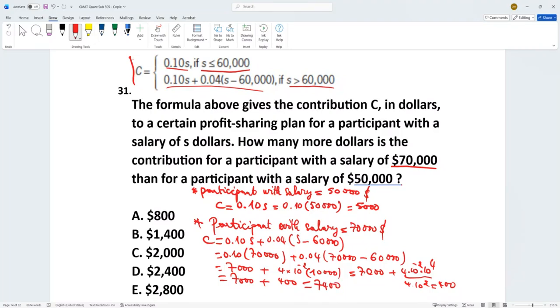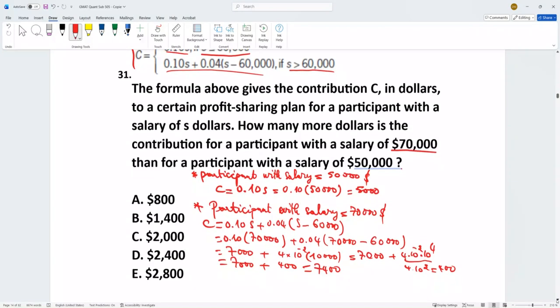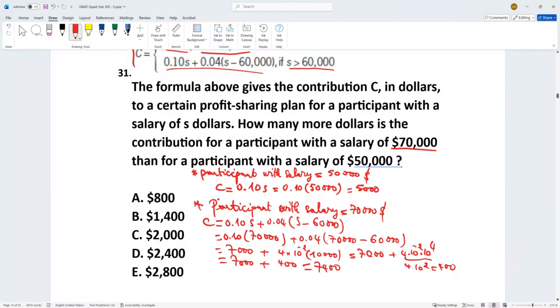So now the question is to know how many dollars is the contribution for a participant with this 70,000 more than for a participant with a salary of 50,000. So we can call this CA, CB, and the differential will be CB minus CA.